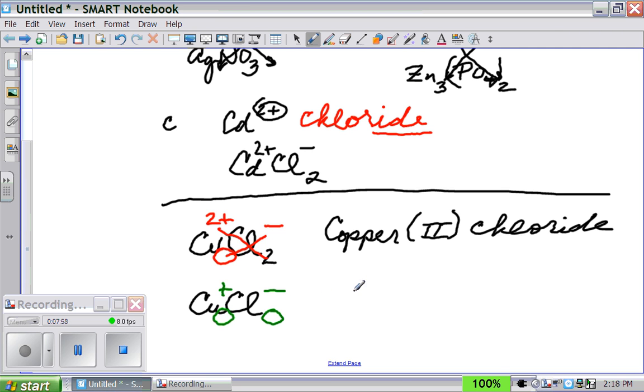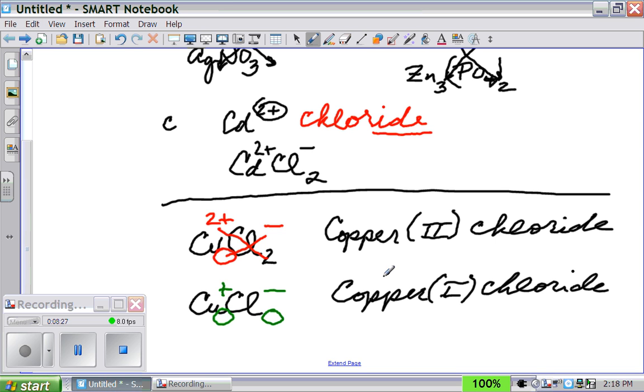And what this tells us is that instead of using copper 2 chloride, we're actually going to use copper Roman numeral 1 chloride.